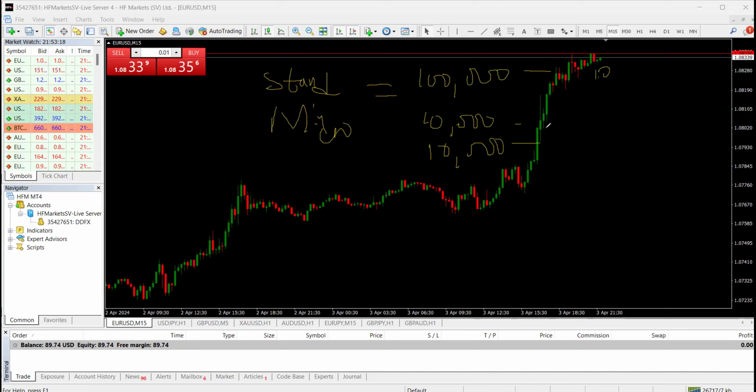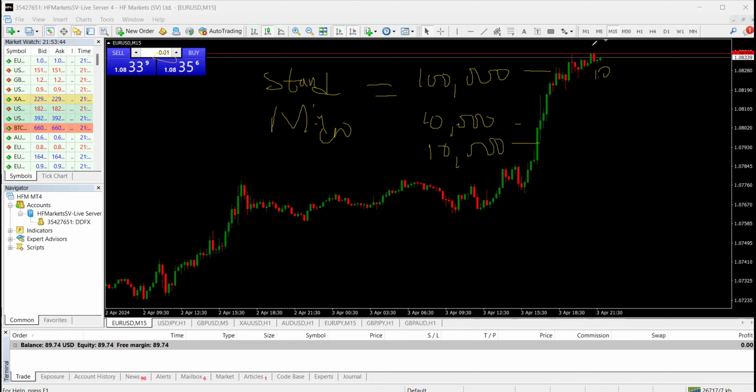Anytime you type 1.0 as lot size, you are telling the broker that you want to buy a standard unit of that asset. So if it is euro you are buying, it is the equivalent of 100,000 euros. And then how much is the price? The price is multiplied by 1.08339.